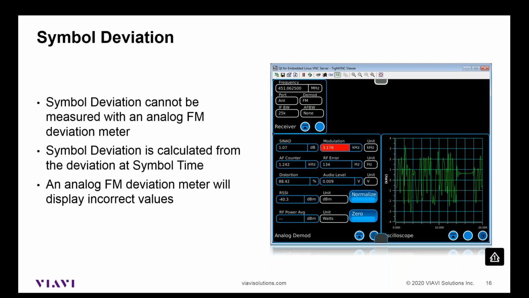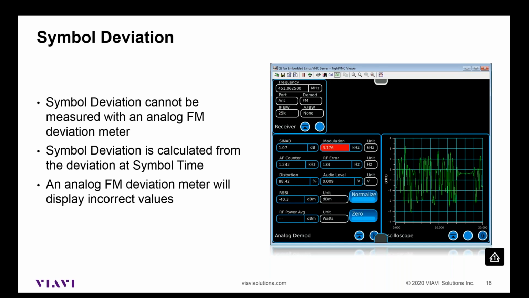Symbol deviation is the other critical measurement of a digital radio. In an analog radio, we would have, say, FM deviation. Here we're looking at what we call symbol deviation. What that means is that the digital radio receiver is looking for that signal to be at a specific amount of deviation at symbol time.